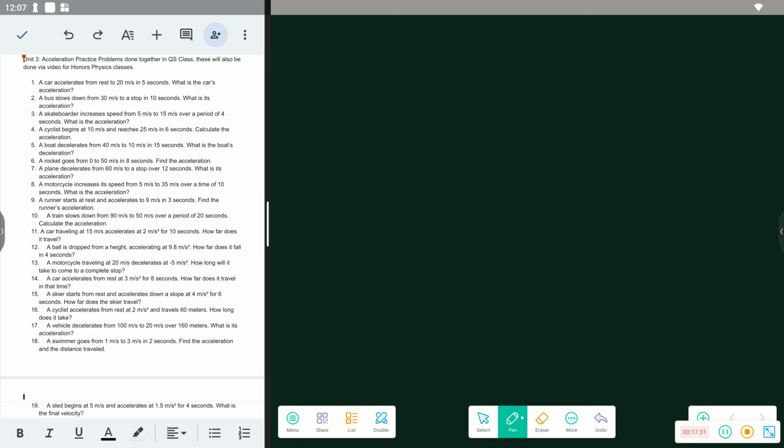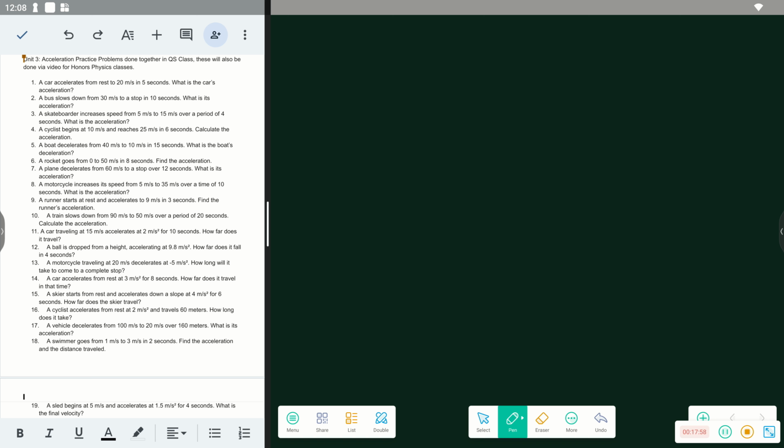All right. So I want to go into a different one. Let's do number 11. A car traveling at 15 meters per second accelerates at 2 meters per second squared for 10 seconds. How far does it travel?